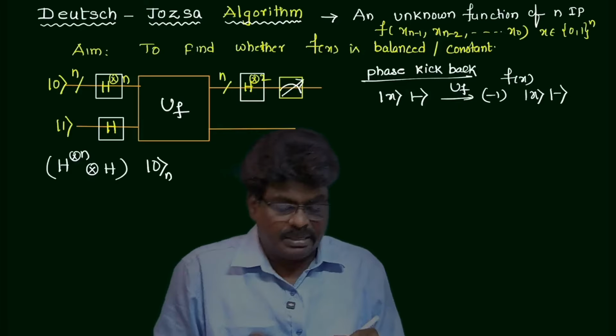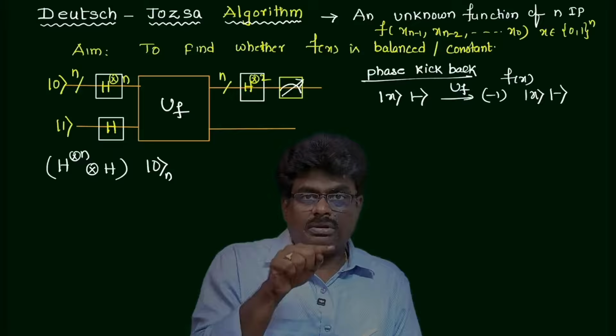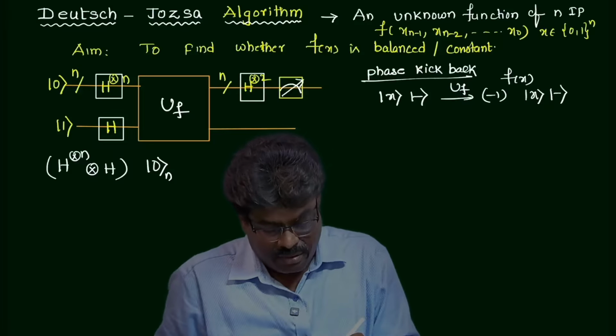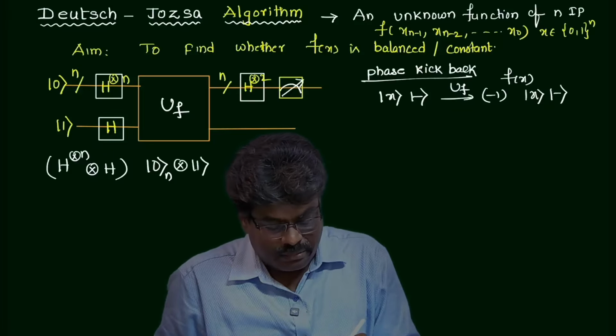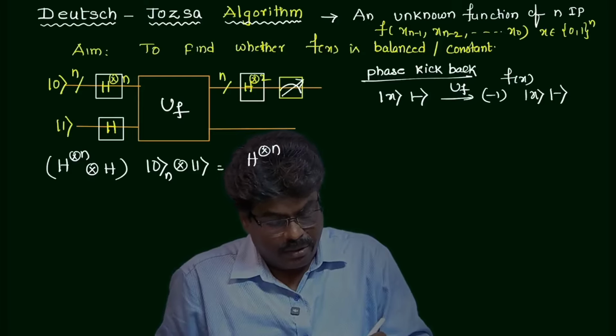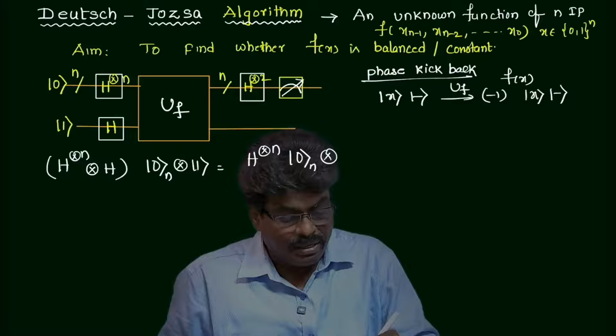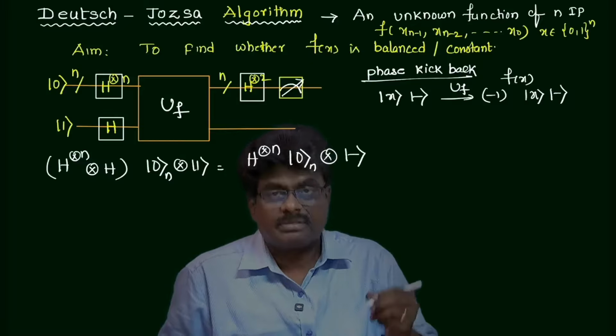So here I'm writing just n. That means I'm writing that we have n number of zeros, tensor 1. This can be written as H tensor n operates on 0, tensor H operates on 1. I can write this as minus.